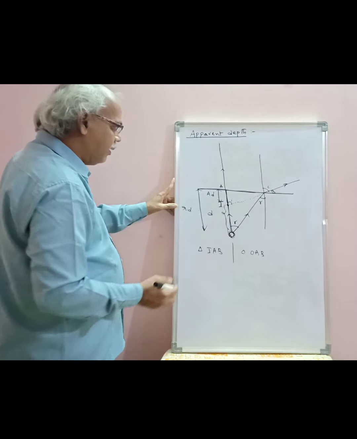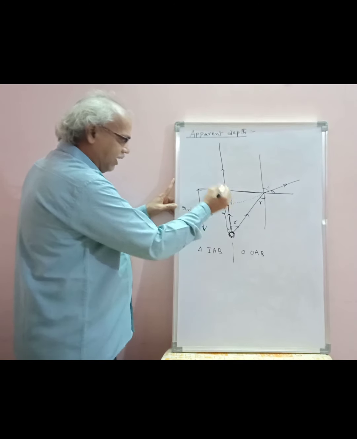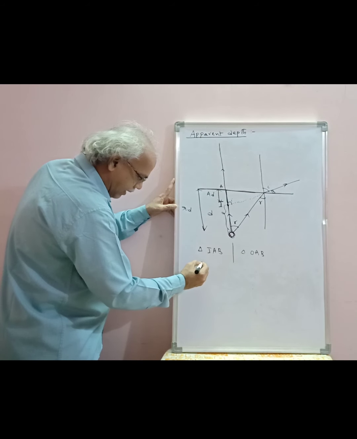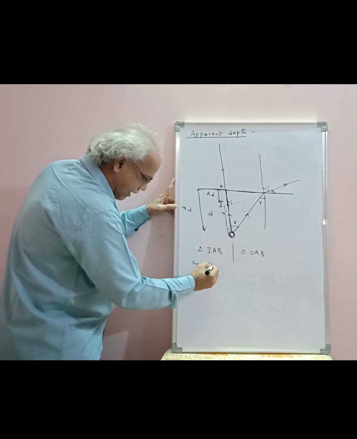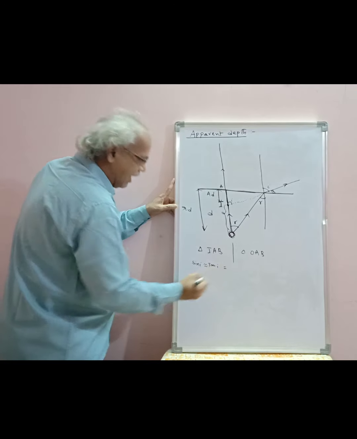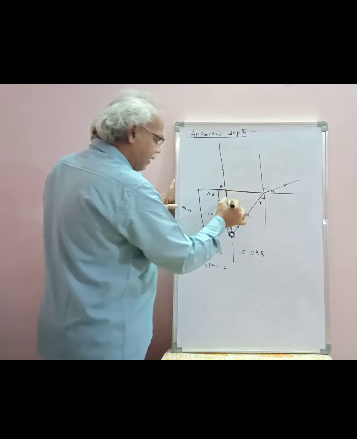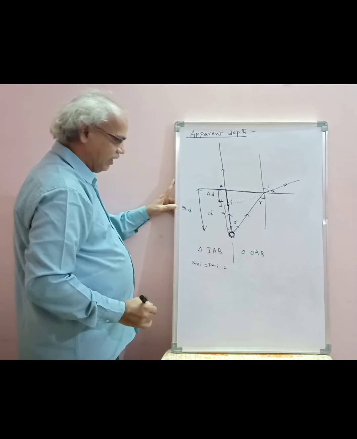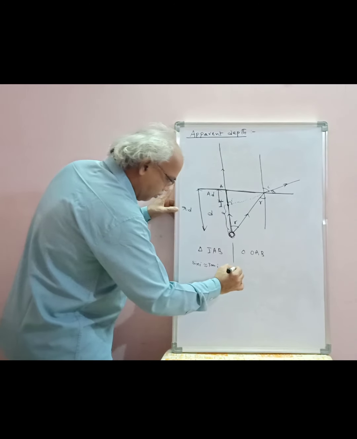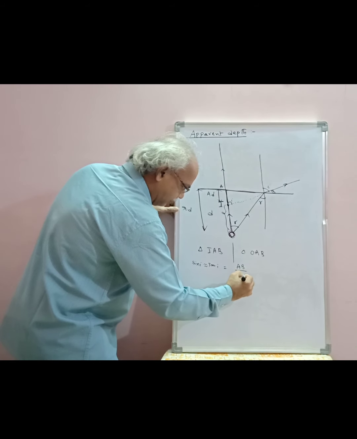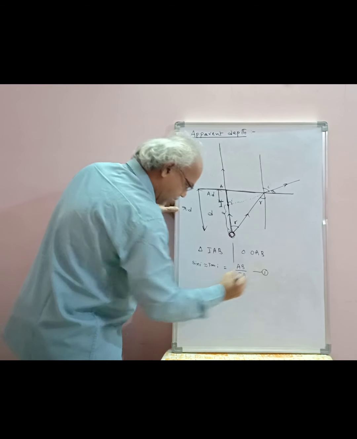Here the angle is very small. So sin i is equivalent to tan i. What is tan i? Tan i is the opposite side by the adjacent side. So tan i is equal to AB by IA. It is the first equation.